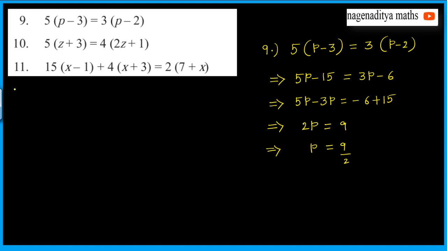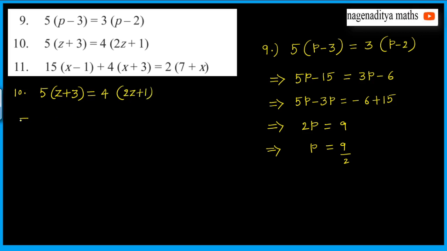So next, 10th one. 5 into z plus 3 is equal to 4 times 2z plus 1.